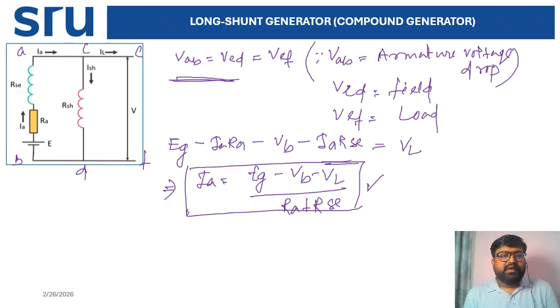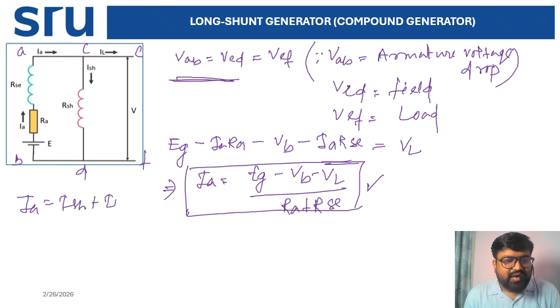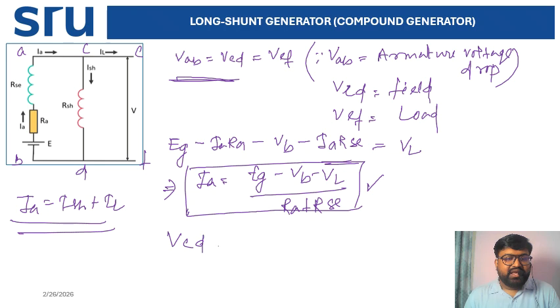Now we'll go to calculate, because in the parallel circuit we know the condition IA equal to ISH plus IL. This equation we also derived earlier. Then we can find out ISH easily, because now we will compare that VCD equal to VEF. Then VCD, that is the voltage drop across CD, that is ISH into RSH equal to VEF.